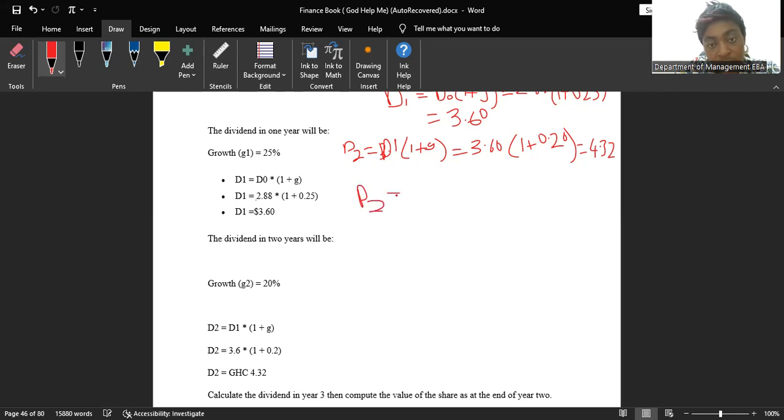To get it, you have to discount the next dividend. That will be D3 over R minus g. So how do we get D3?